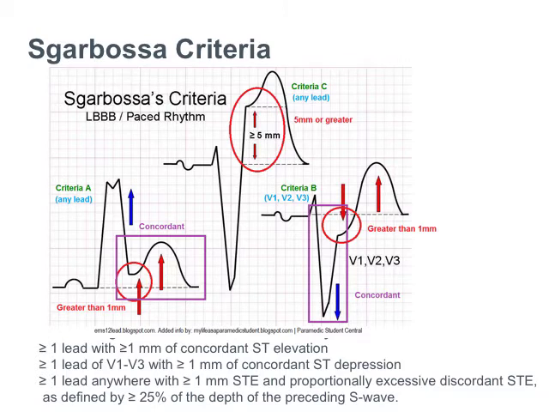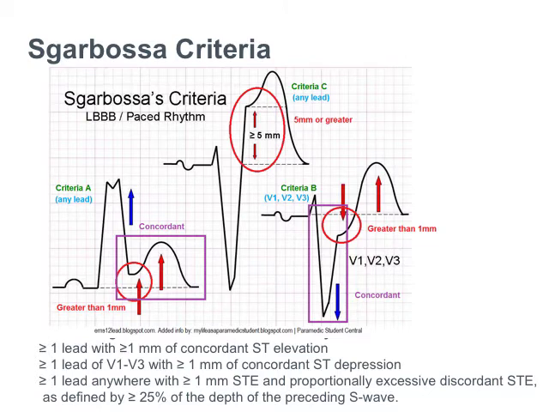And originally what the Sgarbossa criteria said is that if in your leads V2, V3, V4, you had more than 5 millimeters of elevation in your ST segments, that might be bad. And that was okay, but it didn't work great just because of all sorts of funny ways that this works out. So if you look at the bottom here, the modified Sgarbossa criteria is what we have written out.